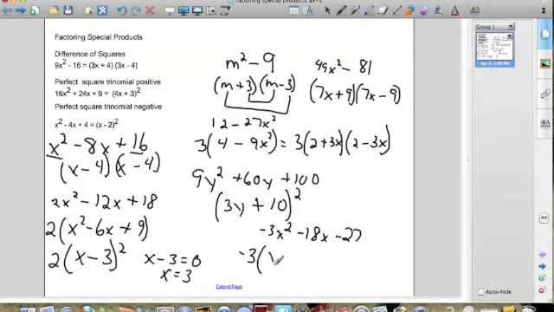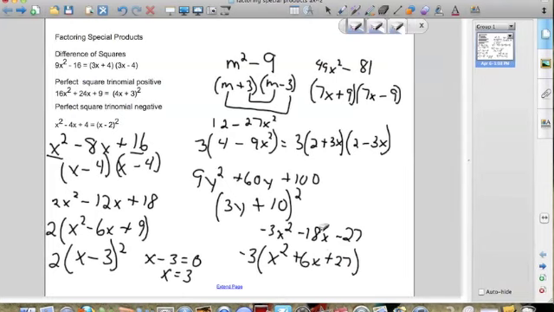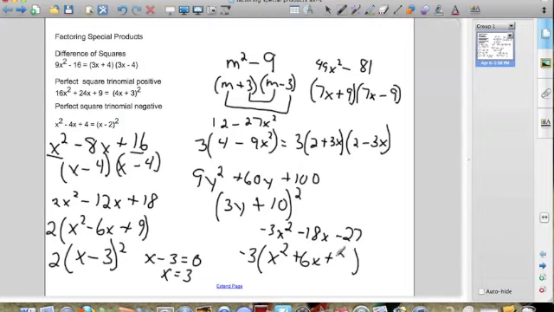I end up with x squared, and I've got to change all my signs: plus 6x plus 9, so that we get back to 27. Now let's look at what we've got. Take the square root of 9, it's 3, double it, it gets you 6. So our final answer here would be negative 3 times x plus 3, and that would all be squared.